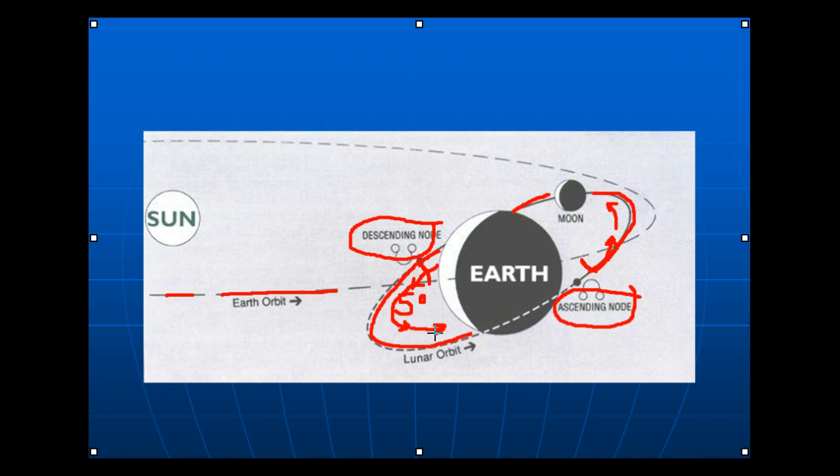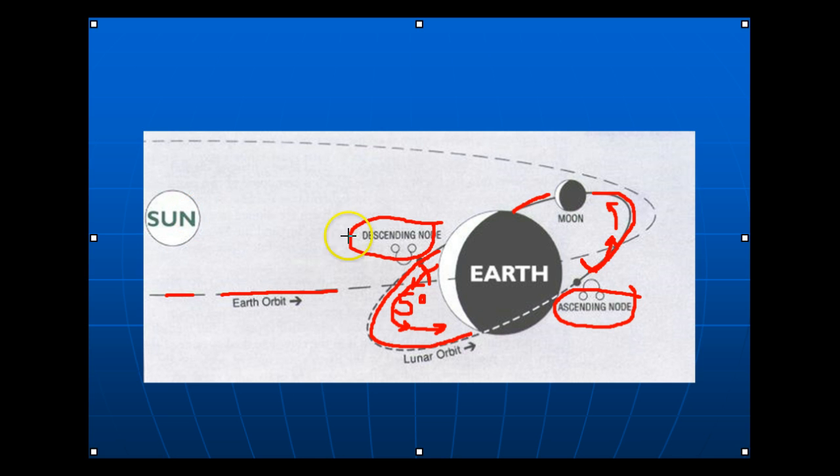And you're going to need to refer to this diagram and these concepts very soon when we start talking about eclipses. Now, what results is that the moon wobbles, meaning it ascends above the straight line between the Earth and the sun.